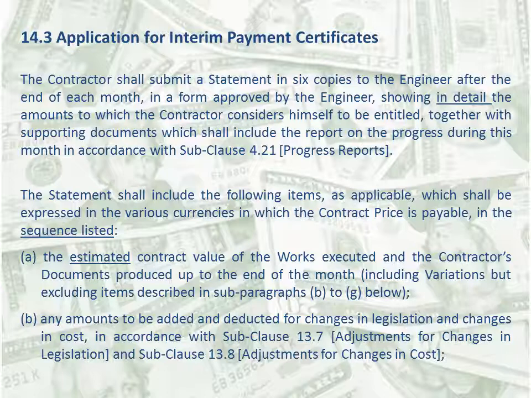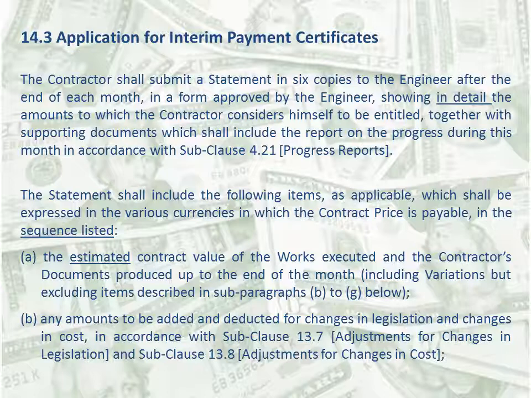The statement shall include the following items as applicable, which shall be expressed in the various currencies in which the contract price is payable, in the sequence listed. A. The estimated contract value of the works executed and the contractor's documents produced up to the end of the month, including variations but excluding items prescribed in subparagraphs B to G below.